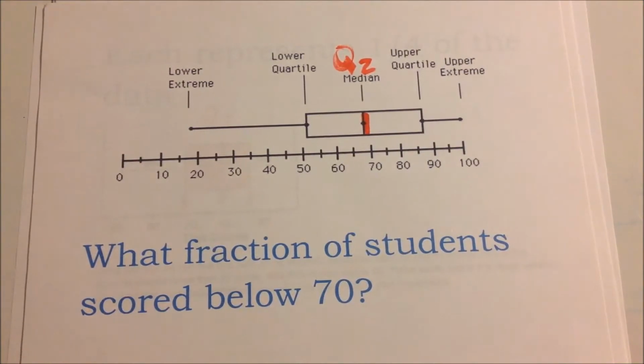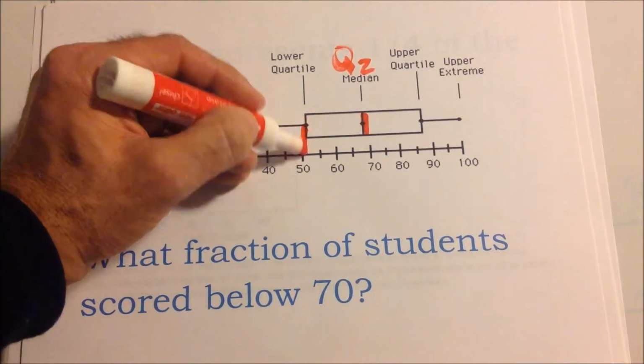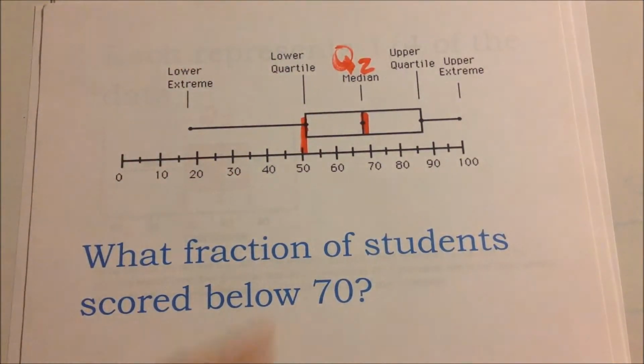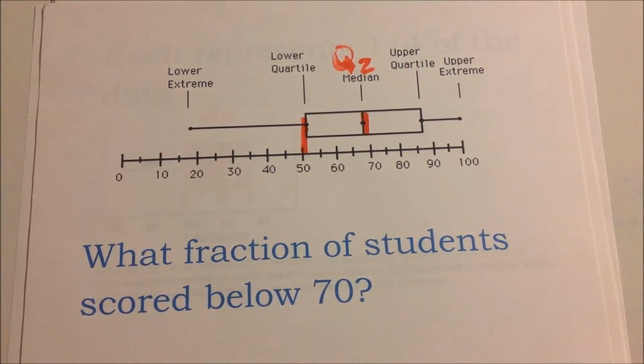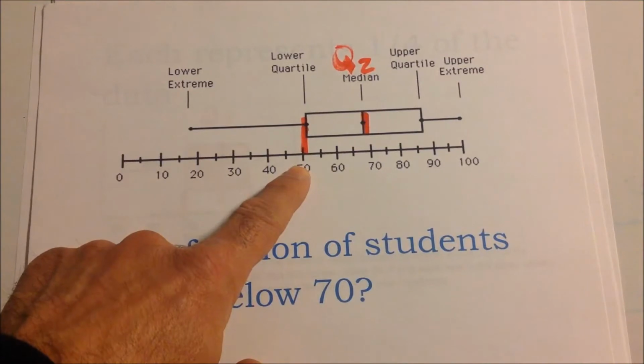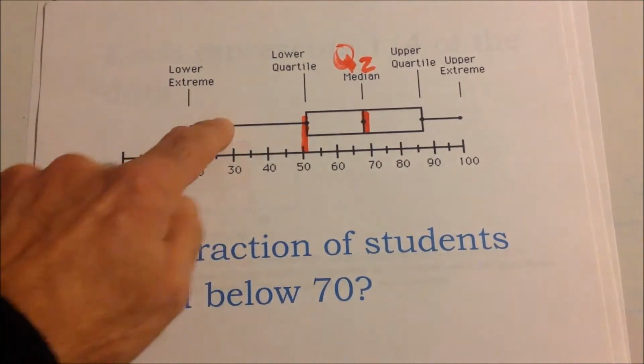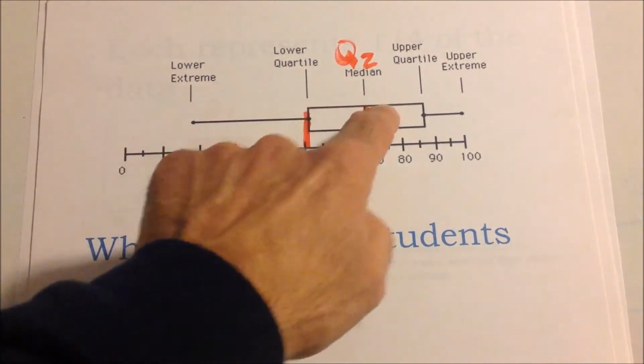How many students scored above 50? Roughly, let's say that's 50. You can say 25, 25, and 25. 75% of the students scored above 50, roughly. So again, each box, each area represents 25% of the data.